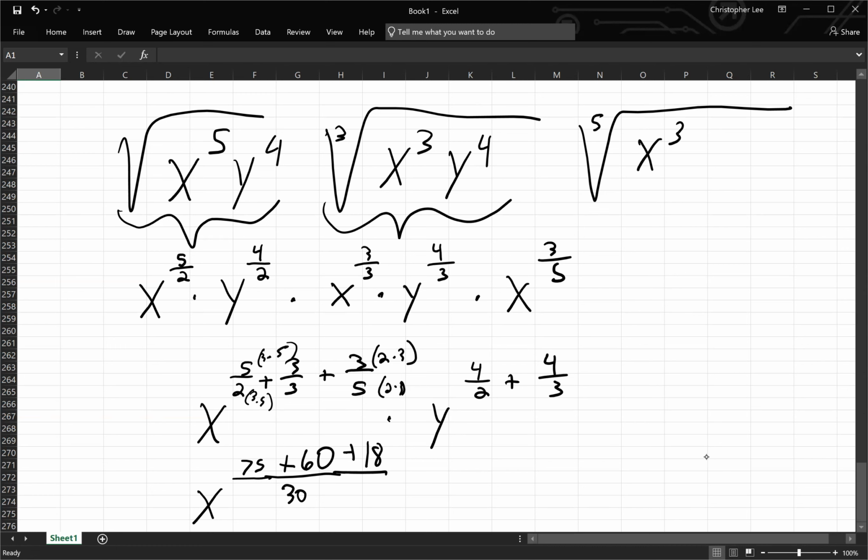Where did I get the 2 times 3? So the LCD for me is 2 times 3 times 5, right? Which is 30. But I'm being lazy. 2 times 3 times 5. The first one has 2, it's missing the 3 times 5. So 3 times 5 times 3 times 5. The middle one is missing the 3, so this is like 2 times 5. And then 2 times 5.